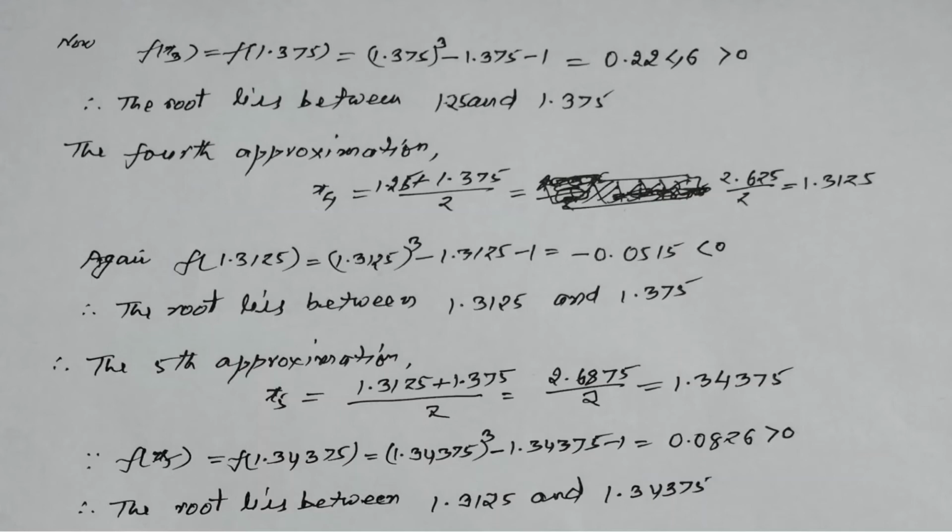Again, f(1.3125) equal to 1.3125 whole cube minus 1.3125 minus 1, which becomes minus 0.0515 on simplification, which is negative, that is less than 0.